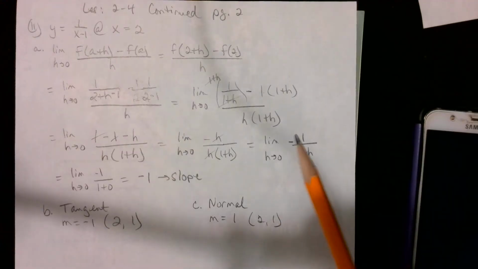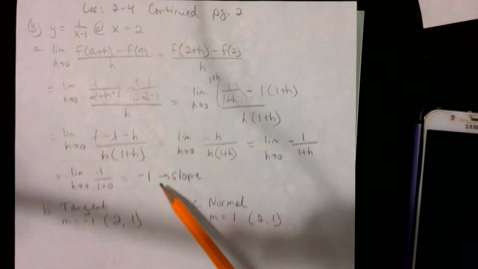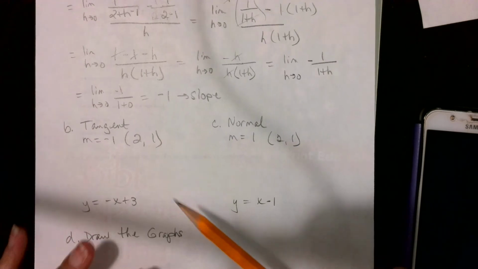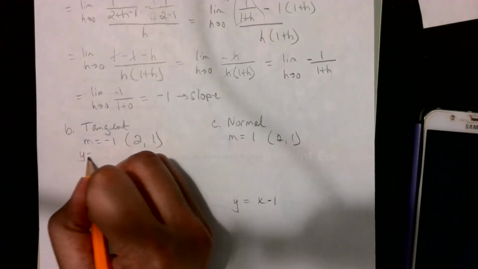Okay, so here's number 11. Again, we started in class. We found the slope for A. For B, we didn't finish, so let's go ahead and finish.